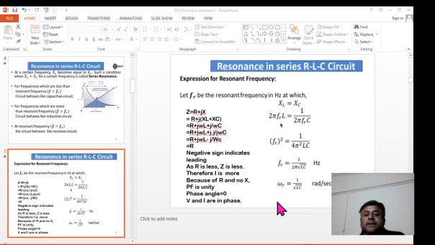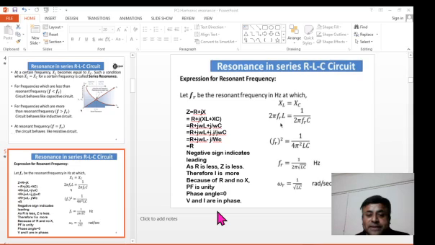And we know that when the circuit is resistive, the power factor is unity, or the phase angle between current and voltage is 0. Because of R and no X, the power factor is unity because it is a resistive circuit. The phase angle is 0, and voltage and current go hand in hand, that is, they are in phase with each other.